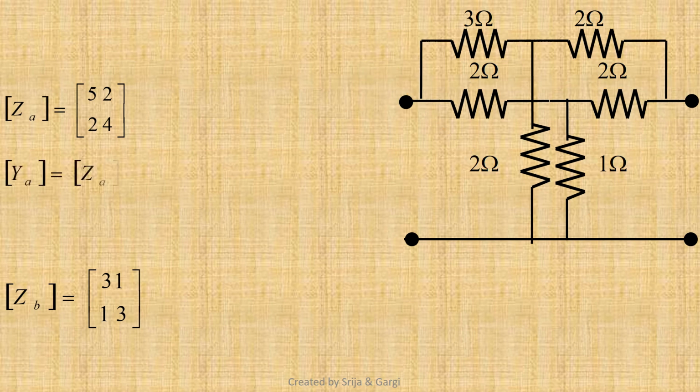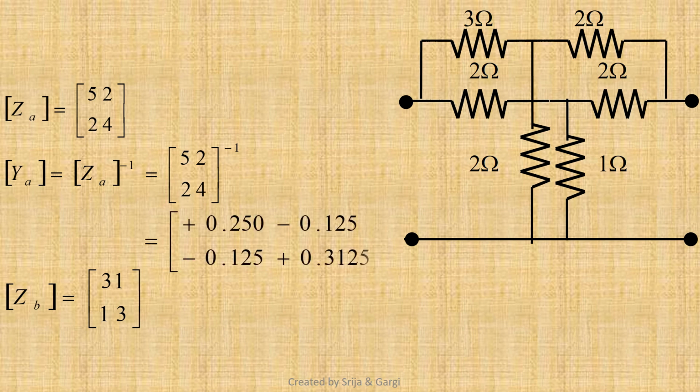Therefore, matrix of YA equals inverse of matrix ZA equals inverse of matrix of 5, 2, 2, 4, which gives us matrix of 0.25, minus 0.125, minus 0.125, 0.3125.